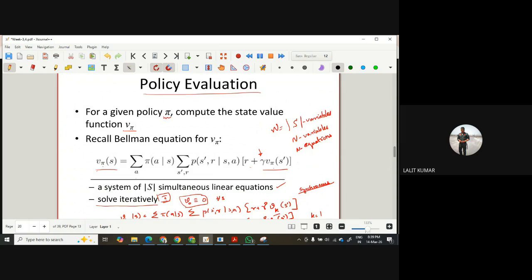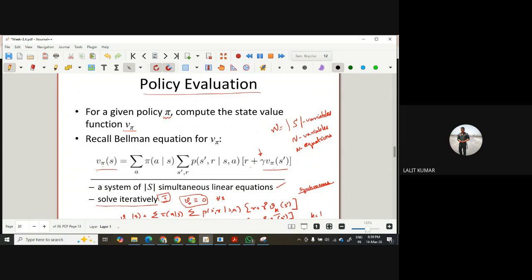With respect to that policy, I keep on iterating and find a value function. After finalizing the value function, again I do improvement. This loop keeps going until there is no change in my policy. Once there is no change in policy, the algorithm converges, and that is policy iteration.